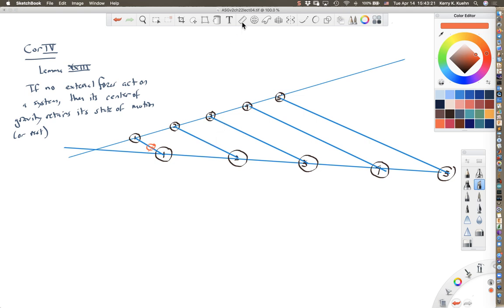So what's going to end up happening is that the trajectory of the center of gravity is going to travel in a straight line.